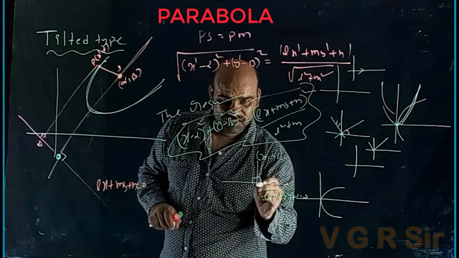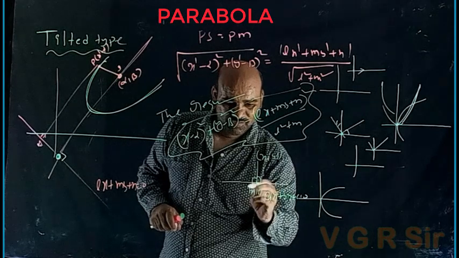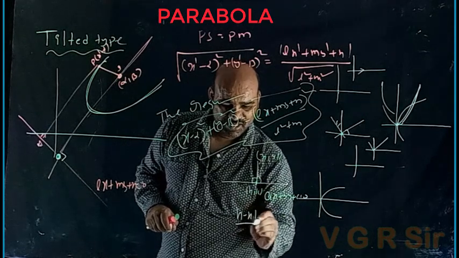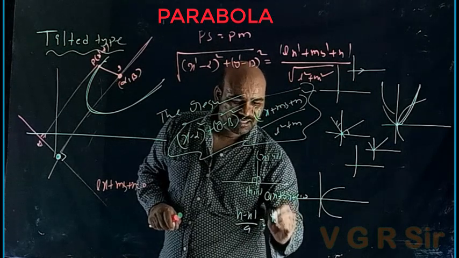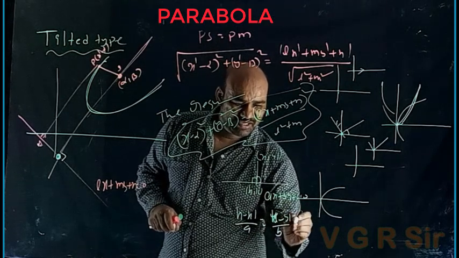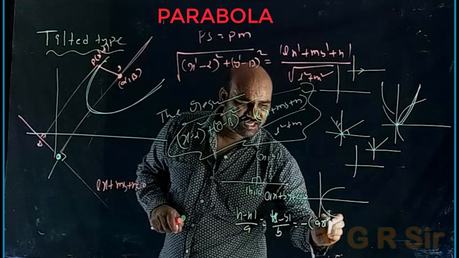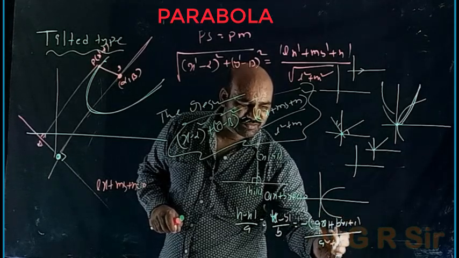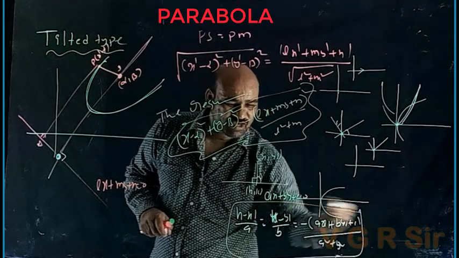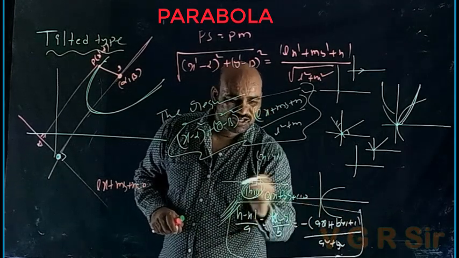We want to find the coordinates of the foot, let it be (h, k). h minus x1 by a equals k minus y1 by b equals minus of (ax1 plus by1 plus c) by a square plus b square. By using this formula, you can find the coordinates of (h, k).